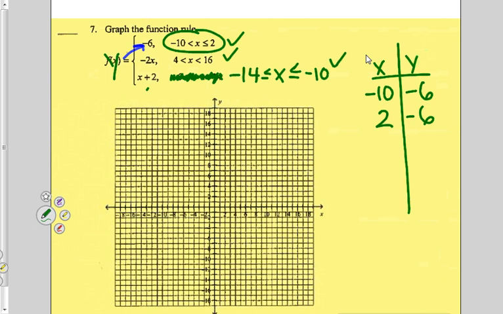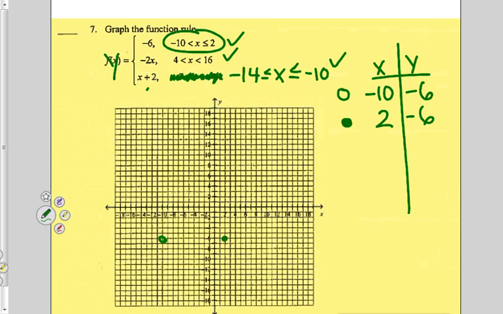All right? The greater than without the line means this will be an open circle. With the line means it'll be a closed circle. So let's put an open dot at -10, -6. Right about there. And let's put a closed dot at 2, -6.